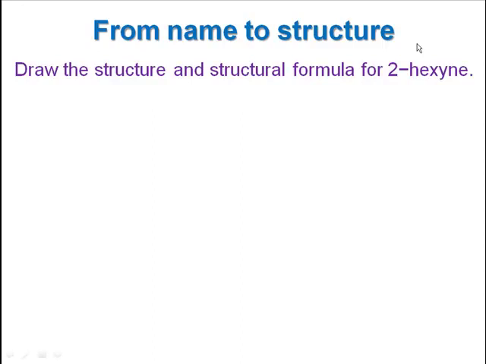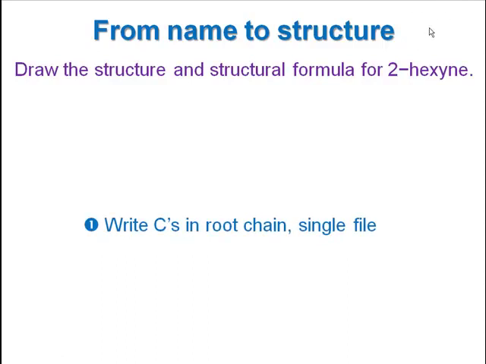Let's look at how you can do this. Again, usually the first thing you can do is you write the carbons in the root chain single file. So how many carbons do we need in this one? 6. So I'm going to put all 6 of them. 1, 2, 3, 4, 5, 6.